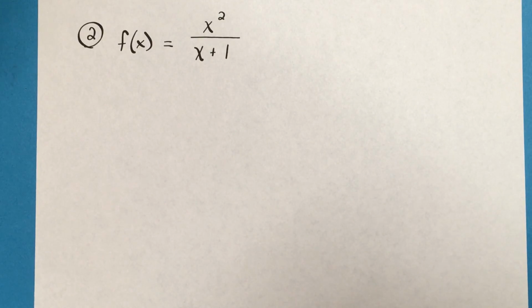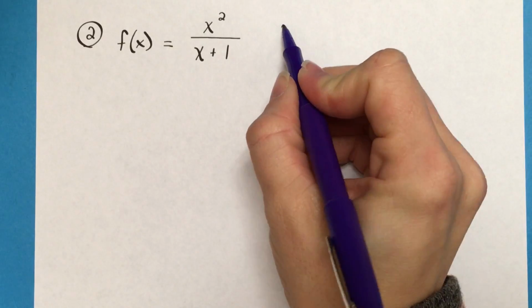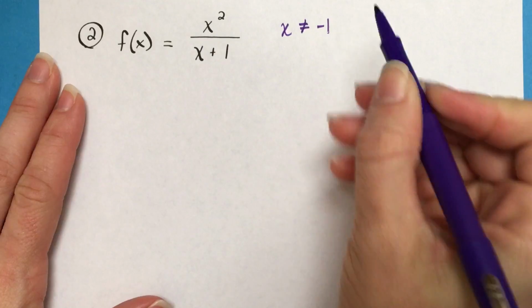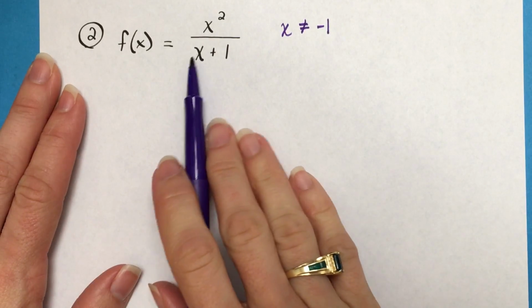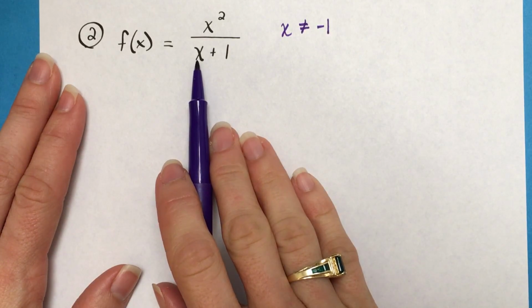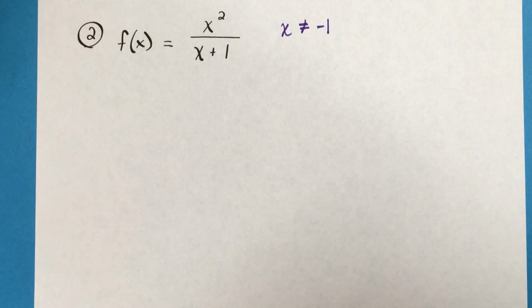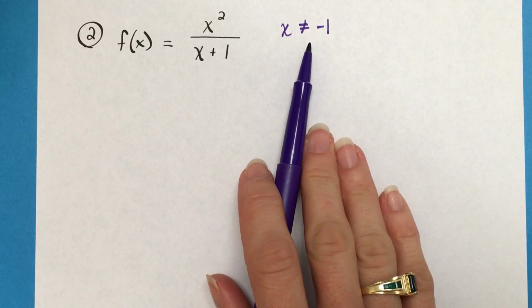Okay, here's our next example for finding the intervals of increasing and decreasing. First thing I want to point out about this example is that your function's actually not defined at x equal -1, because if you were to substitute -1 into this function, then you would have 0 in your denominator, so obviously there's some kind of discontinuity.